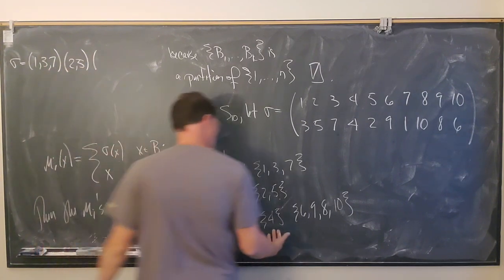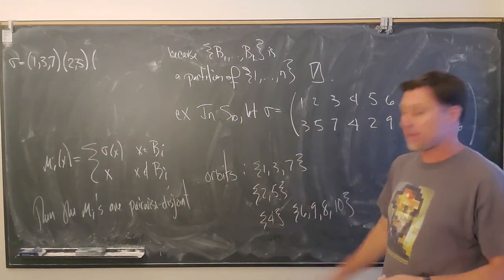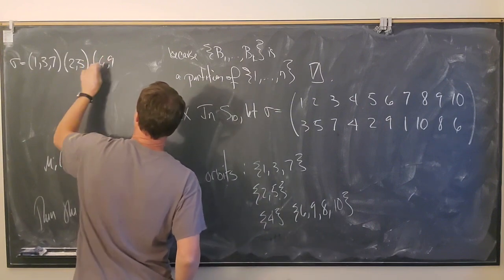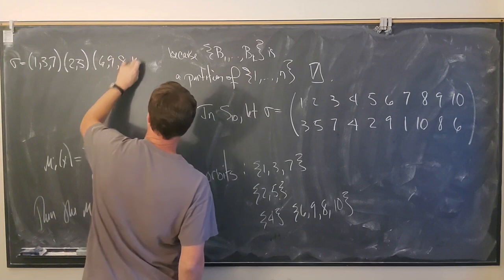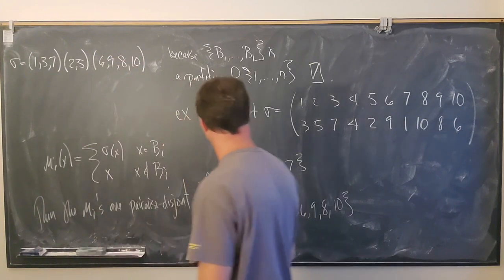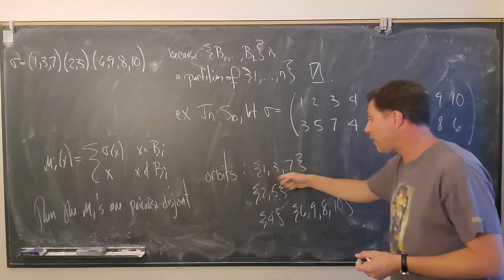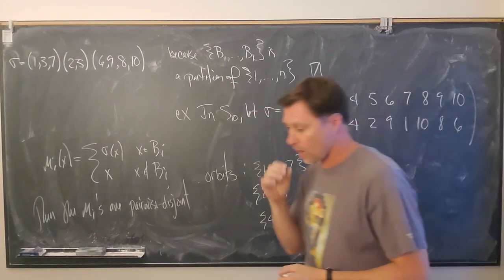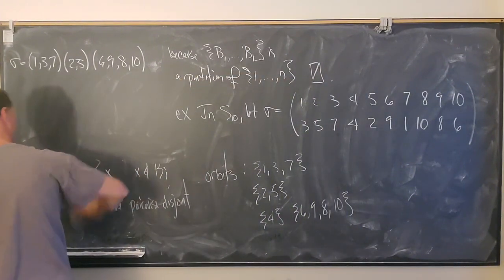I don't need to write down 4. By not having 4 show up, by default that means that nothing happens to 4. And so then we'll have a 6, 9, 8, 10. That's it. Identify the orbits, write what happens in order, and then put it in cycle notation. That's it. One way to paraphrase theorem 9.1.